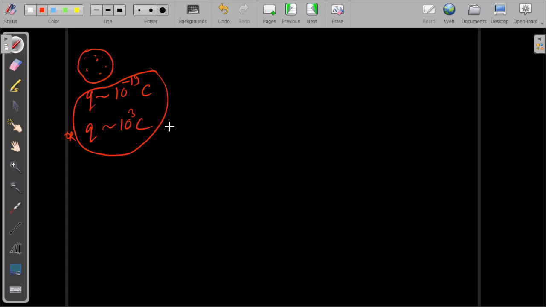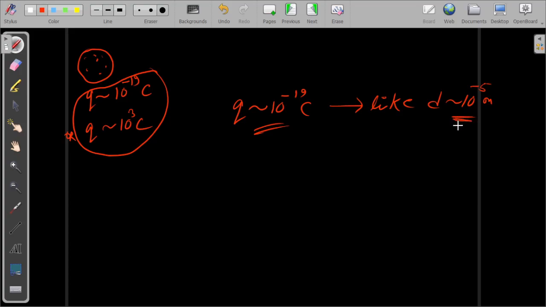If the charge is of the order of 10 to the power 19, suppose, then the distance should be of the order of, for example, 5 meter. Compared to this, this value is much larger, right?